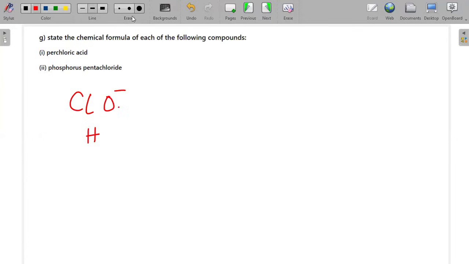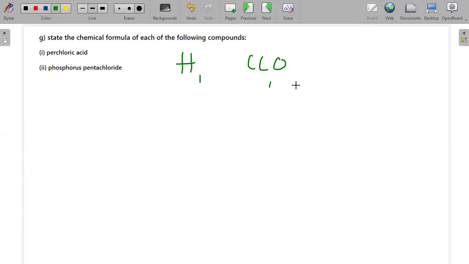Now the secret to writing formulas for these compounds is just knowing the valence of whatever is involved. Here in perchloric acid, there is hydrogen, which has a valence of 1. And then there's the perchlorate radical, which has a valence of 1 as well.